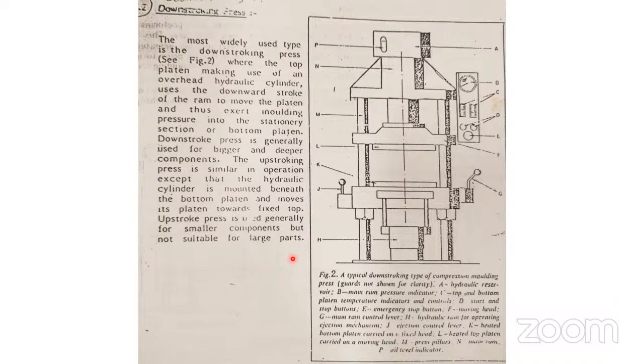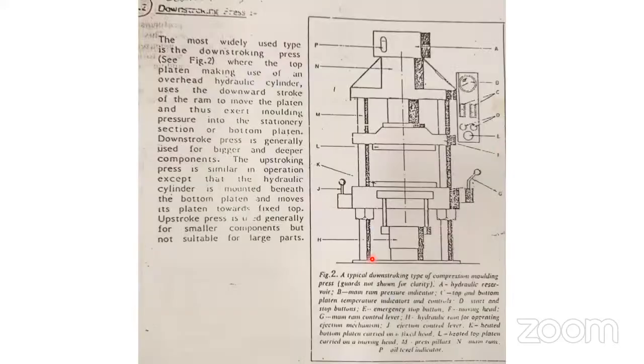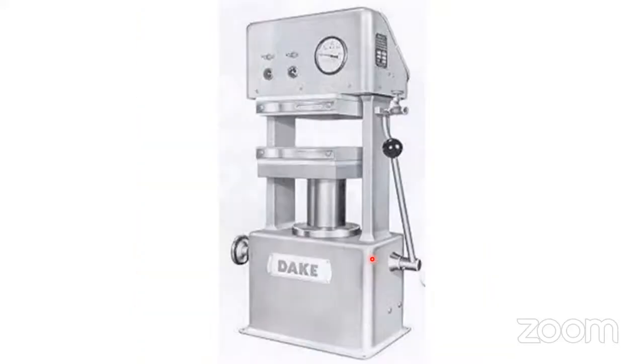But from a safety point of view, the upstroke machine is good. Now see, this is a simple hydraulic press. Can anybody tell me which type of machine it is, upstroke or downstroke? Upstroke, yes, correct. This is a downstroke and this is an upstroke machine.